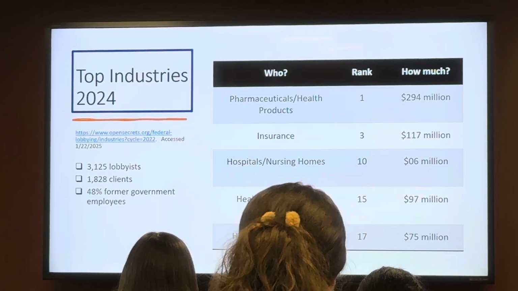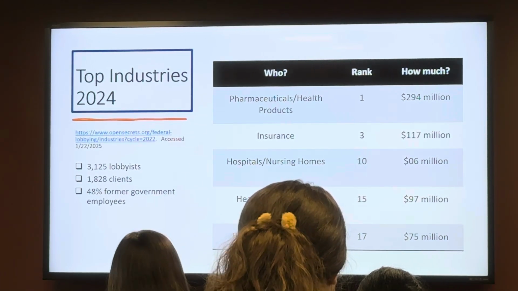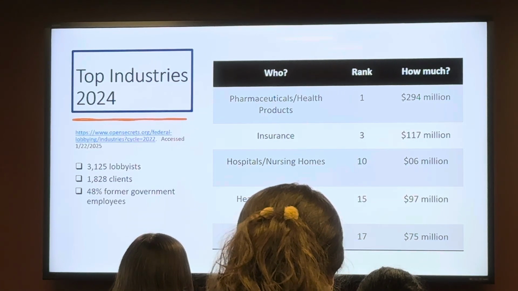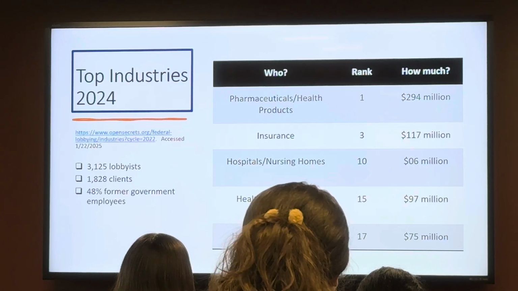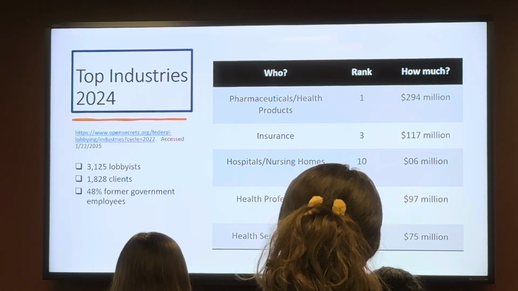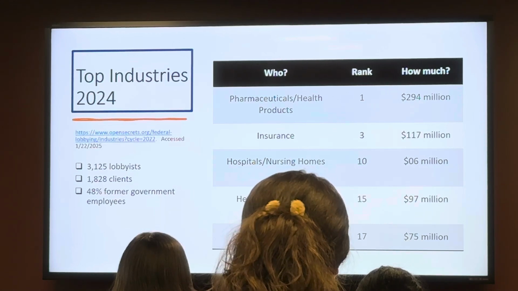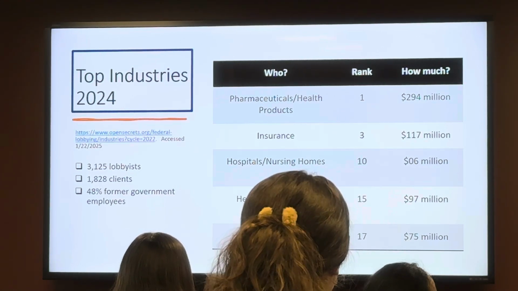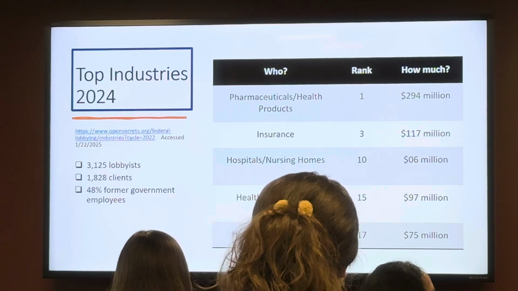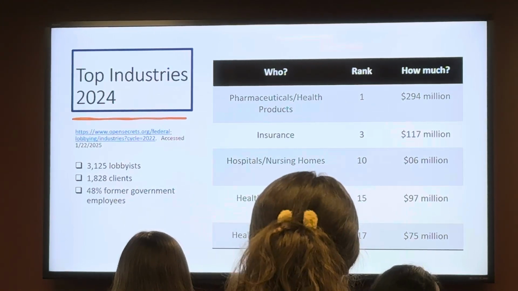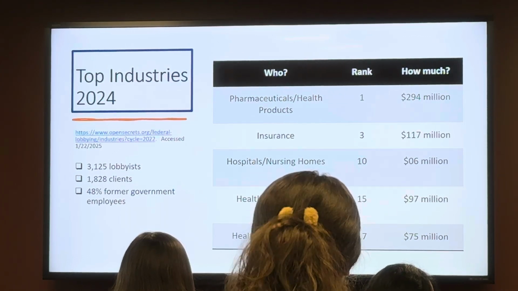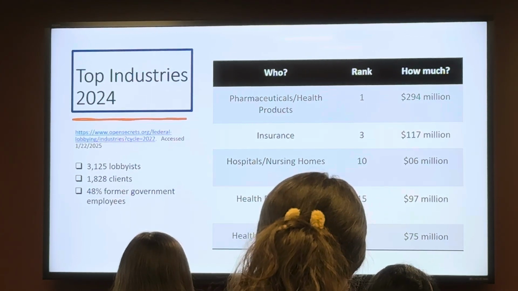The hospitals, nursing homes, there's an error there. It's not 0.5 million. I think it's about 96, I can't remember how many millions there. But it's more than the health professionals. So on the health professional side of things, doctors, certified registered nurse anesthetists are really, really big. Osteopathic physicians, medical physicians, MDs, all of them spend a lot of money lobbying. And then HMOs as well.